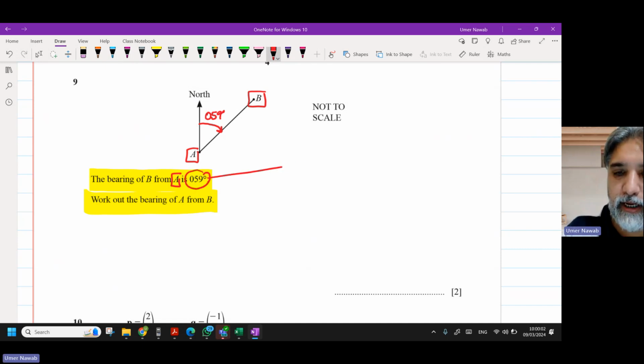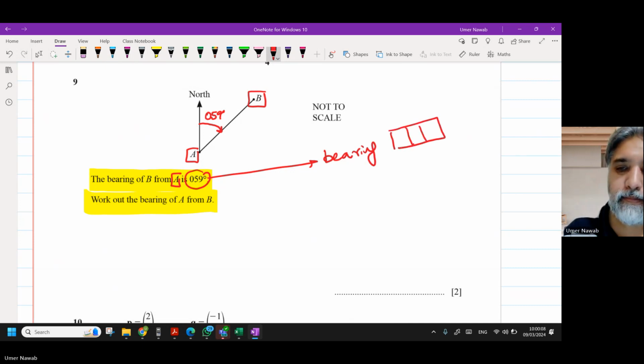As I told you, bearing is always a three-figure number. You cannot write it as a two-figure number or a four-figure number.